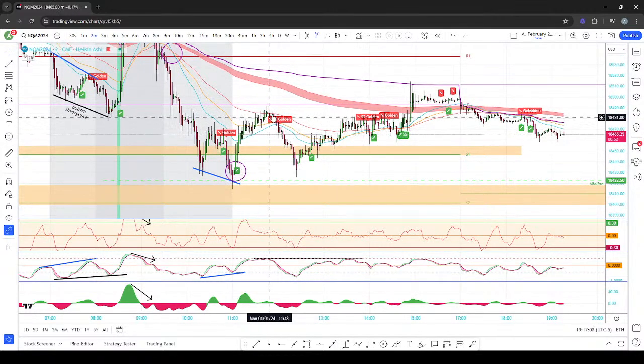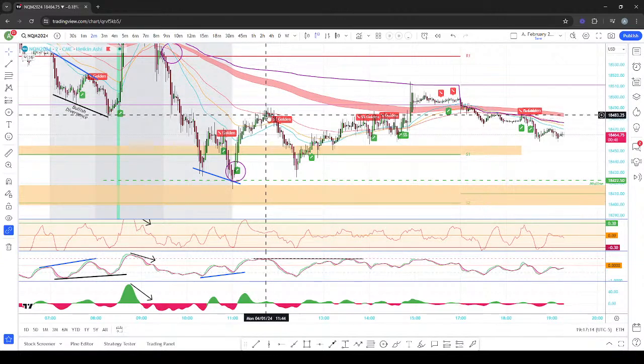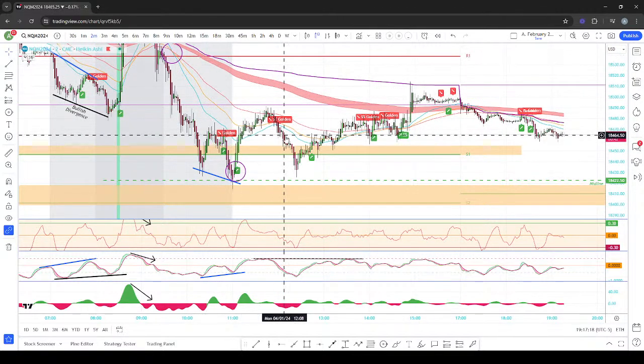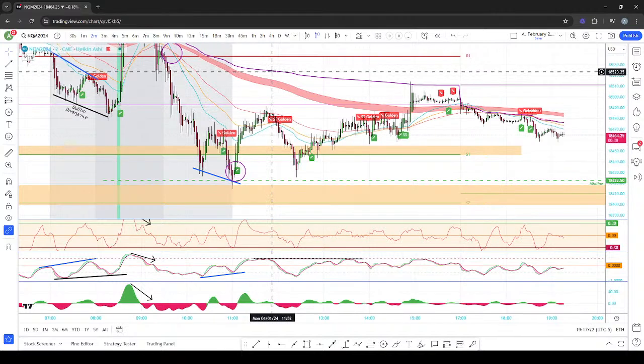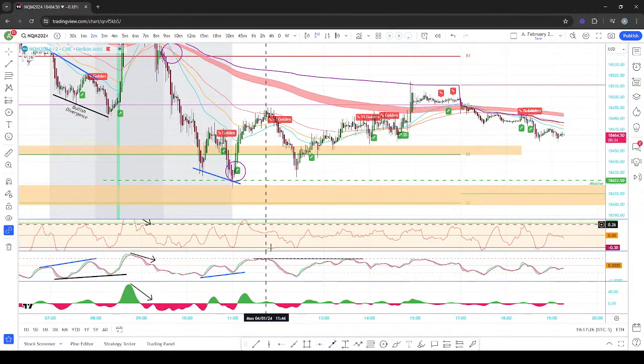So these are really nice reversal divergences, especially when your bias is still going down, and you're below VWAP and your 200 EMA.